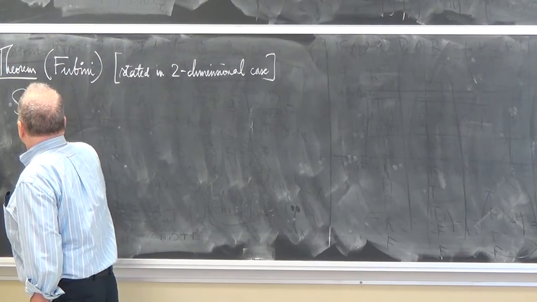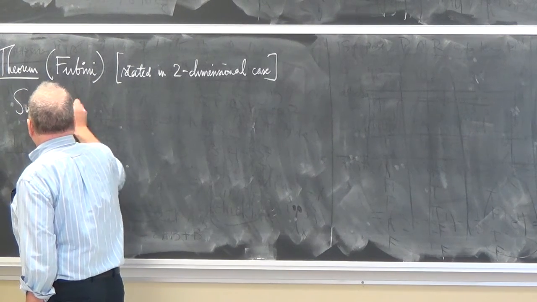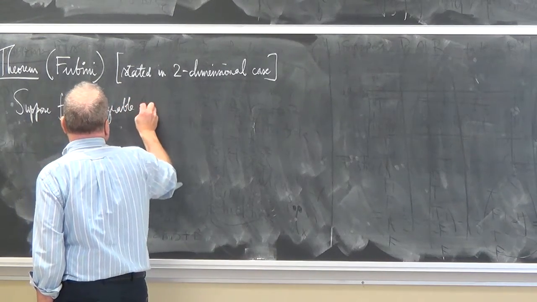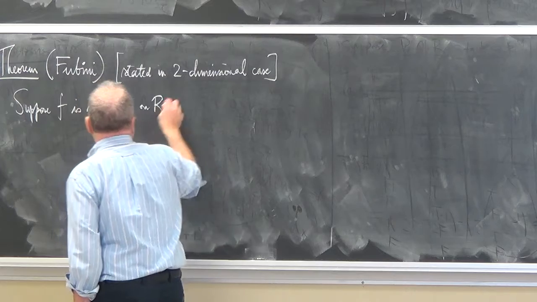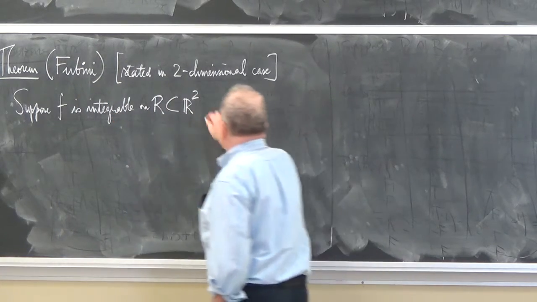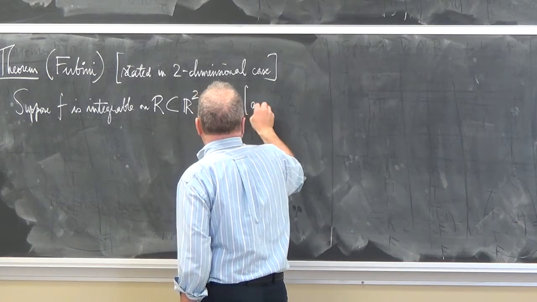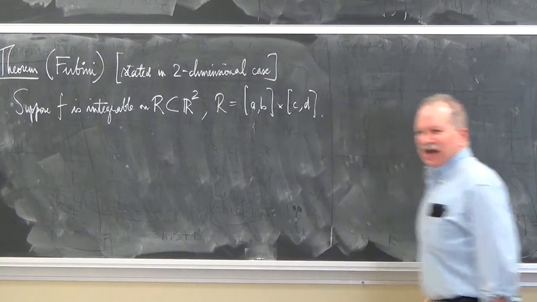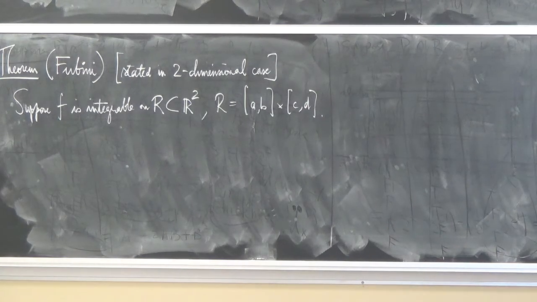Suppose f is integrable on a rectangle. And let's say the rectangle, this always confuses you guys, is specifically x going from A to B and y going from C to D.